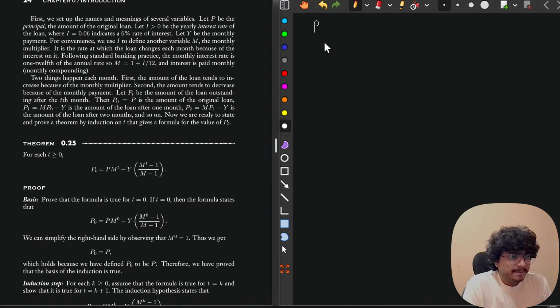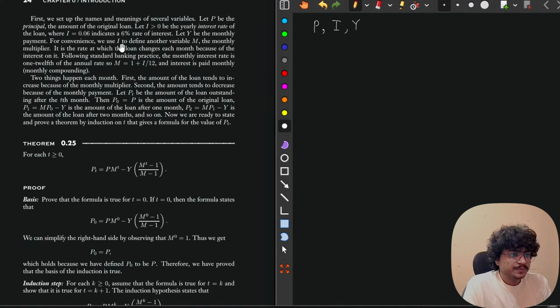So we have a variable P, the principal, the amount of the original loan. Then we have i greater than 0, the yearly interest rate of the loan. Let Y be the monthly payment. Y is the monthly payment.